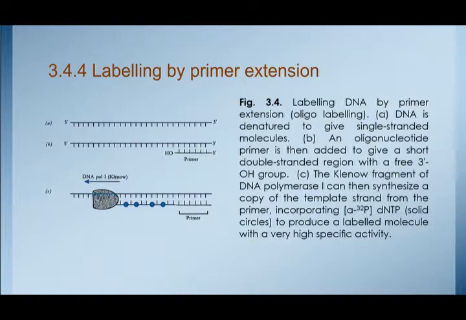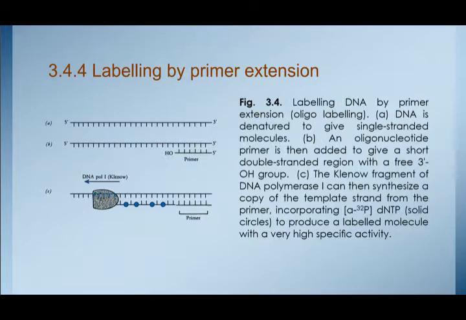In figure 3.4, part A, DNA is denatured to give a single-stranded molecule. An oligonucleotide primer is then added to give a short double-stranded region with a free 3' hydroxyl group.